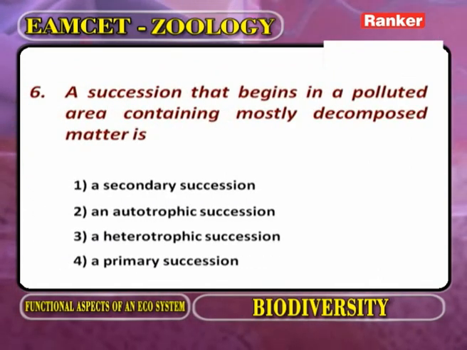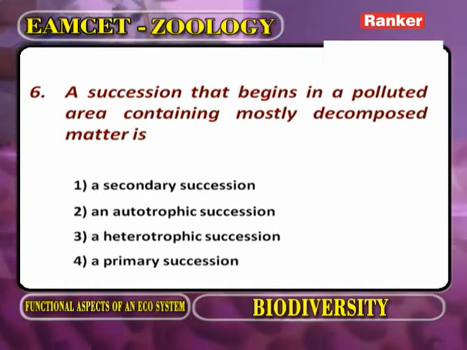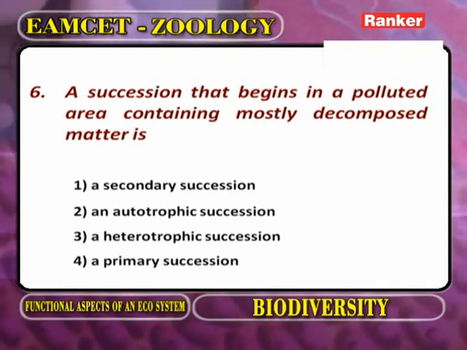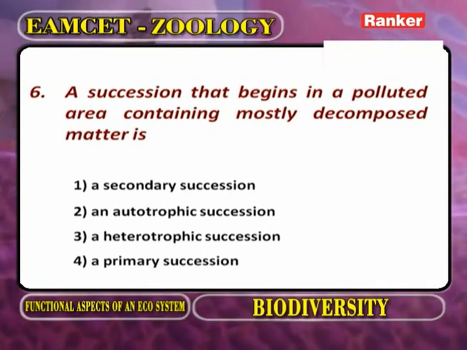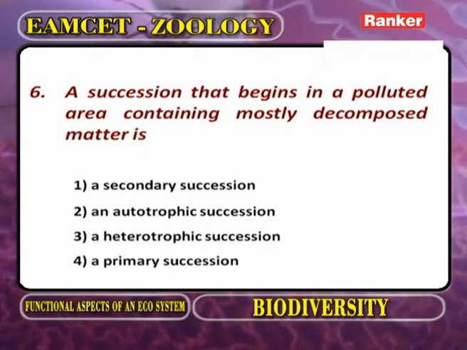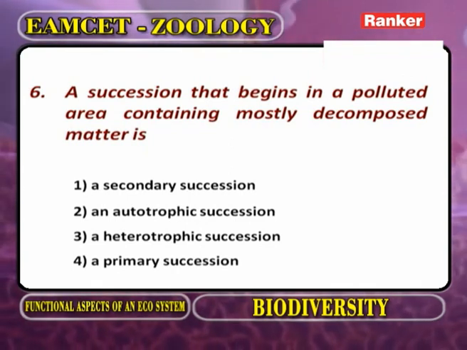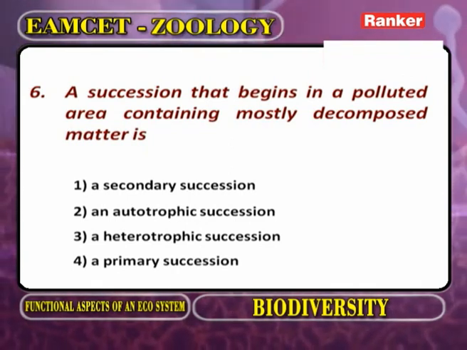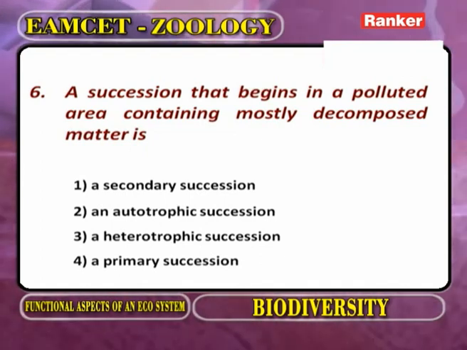A succession. What is meant by succession? It is a gradual orderly changes. Again repeating, what is meant by succession? A gradual orderly changes. A succession that begins in a polluted area containing mostly decomposed matter.